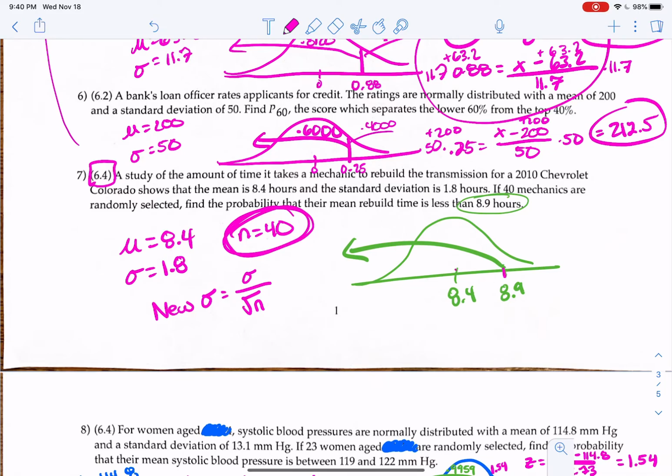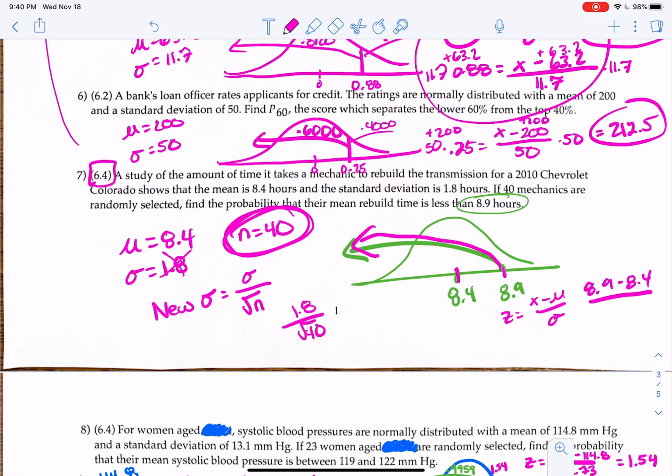So we've drawn our bell curve. 8.4 is the middle. I want to know to the left. But I need to find the z-score for this guy. And it's x minus mu divided by the standard deviation. So x is 8.9 minus 8.4, but I have to divide by the standard deviation, which is not 1.8 anymore. It's 1.8 divided by the square root of 40.